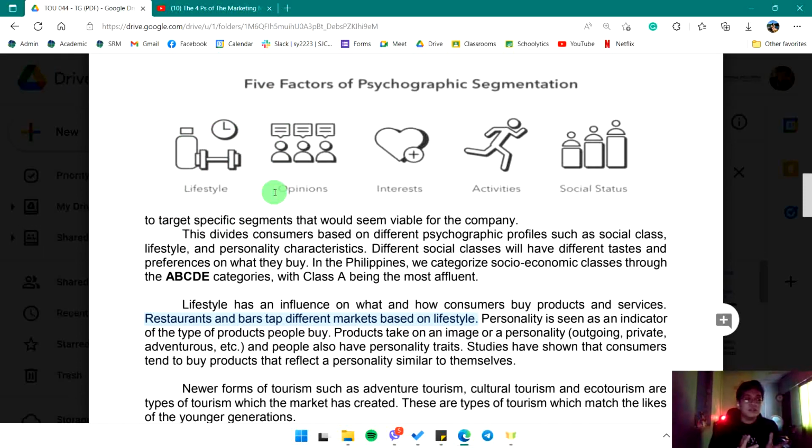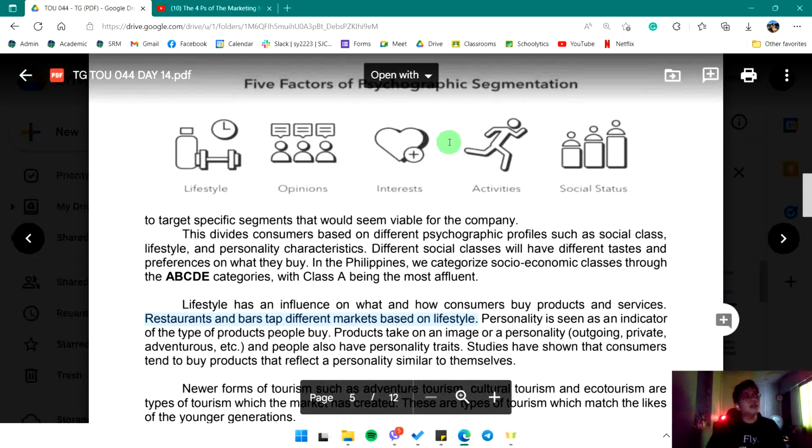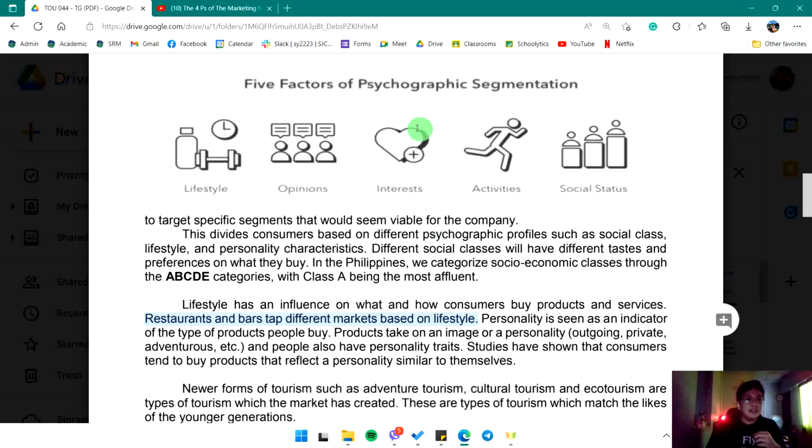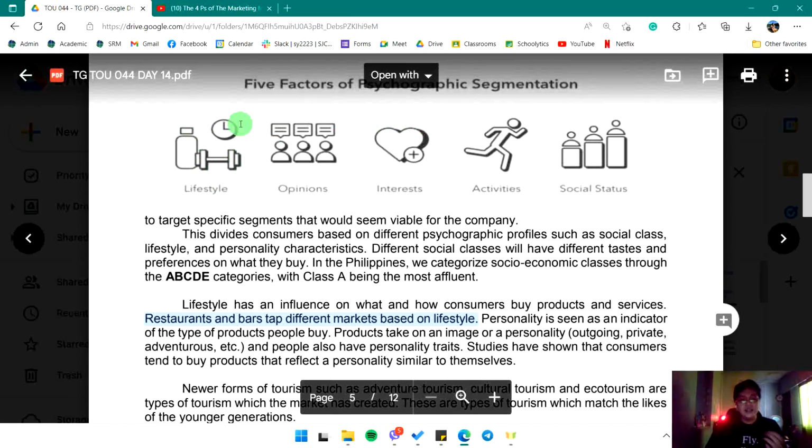Pero compared mo naman doon sa mga party goers lang, or yung mga nagka-club, or yung mga gusto lang makipag socialize sa ibang tao, you will go to a different bar. At yun po, ang interest naman ng mga tao doon is to socialize, and the lifestyle is yun nga, more on getting to know people more, or getting to know more people in your life.